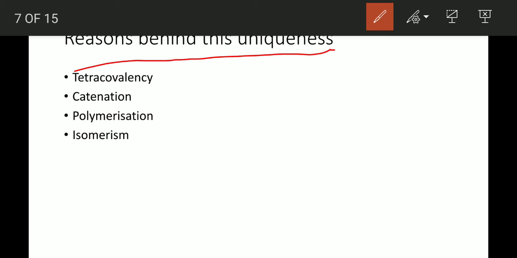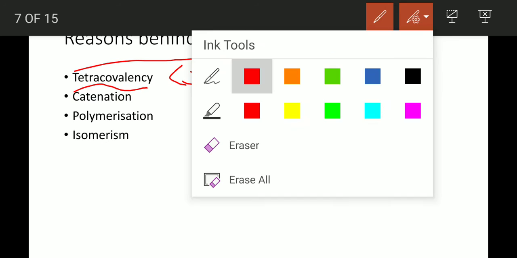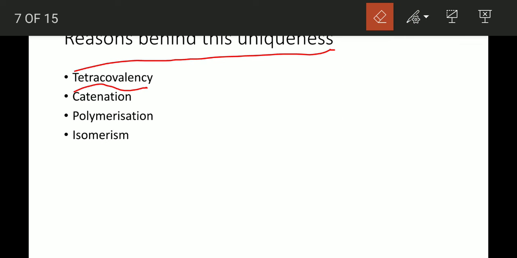What is catenation? I will tell you all, but see here. Tetracovalency. This tetracovalency is possessed by carbon. This is an exclusive property of carbon.